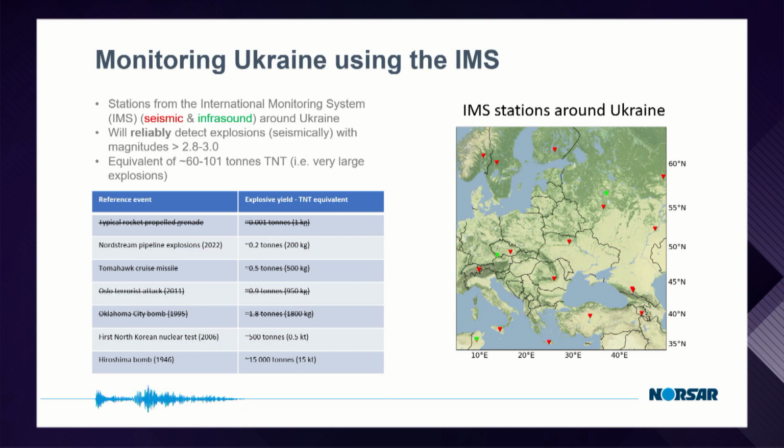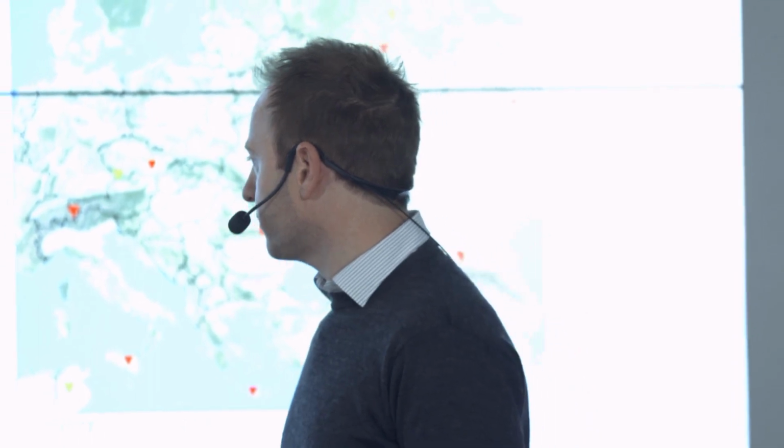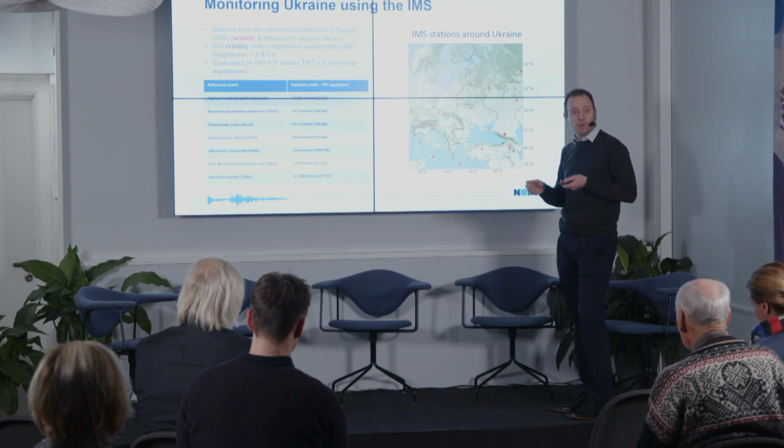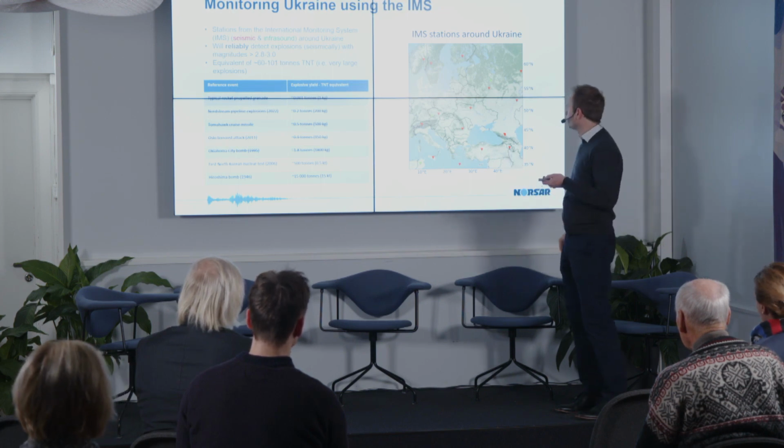So again, these are big explosions and not the sort of everyday explosions that you would see in a normal conflict. So if there was a nuclear bomb, for example, that went off in Ukraine, we would detect it using this system.